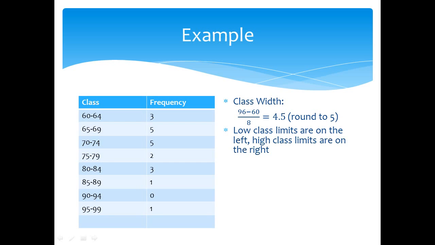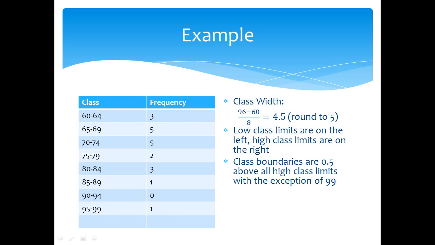Using 6 classes looks like it could be easy here, because 96 minus 60 is 36, divided by 6, so you make each of the classes of width 6, but it gets a little bit more difficult because at the end you won't be able to include 96. You'll have your last class being 90 to 95, and that puts you in a predicament, because then that makes 96 an outlier, which in this case it should not be.